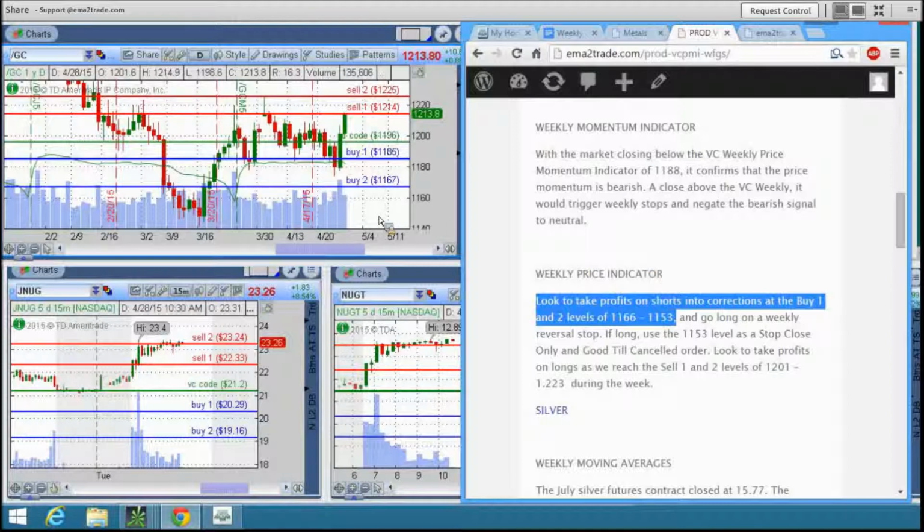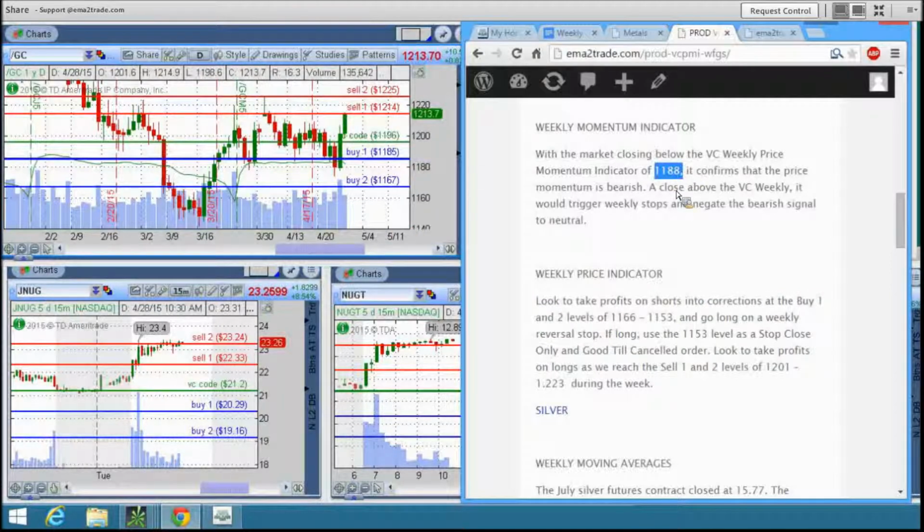Let's take a look and see. On the 24th, you can see the market coming in here closing at 1180, a little bit bearish, but you automatically have an indication that going through 1188 will revert the bearish signal to neutral.